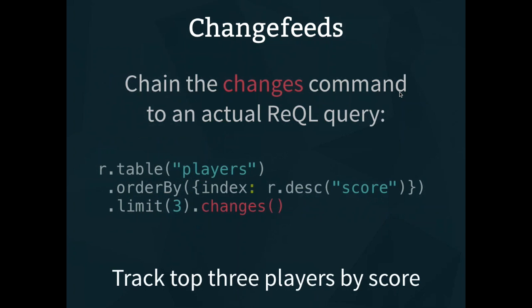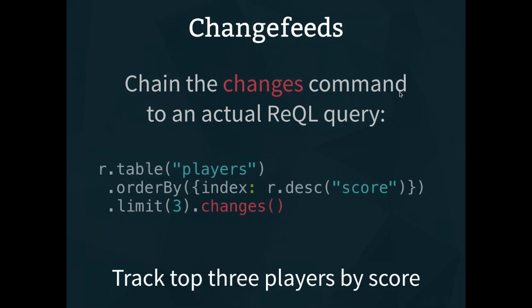Where things get really interesting is that you can chain the changes command to an actual ReQL query. Let's say that you're building a leaderboard for your application. You can take your players table, sort it by score, and then use the limit command, which just takes the first X number of items.